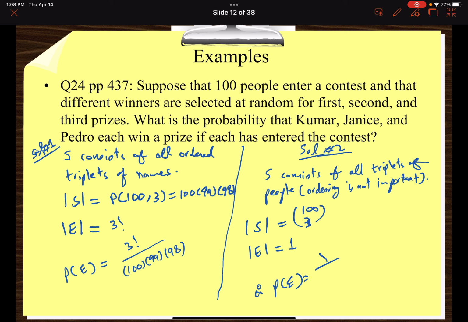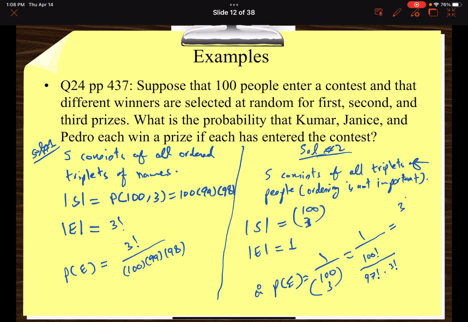1 over 100 choose 3. Let's see, is this exactly the same as the one on the left? So this is what? 1 over 100 factorial divided by 97 factorial times 3 factorial, صح؟ طيب, what is this?